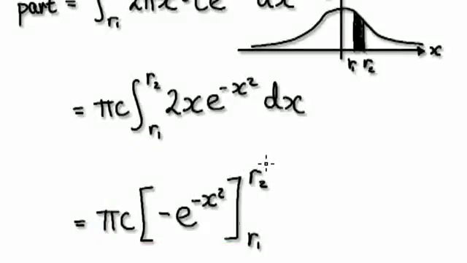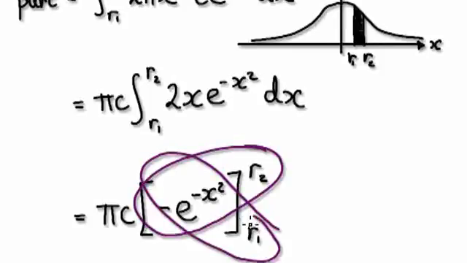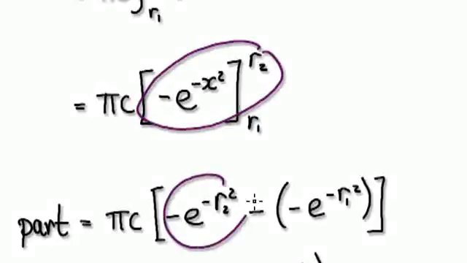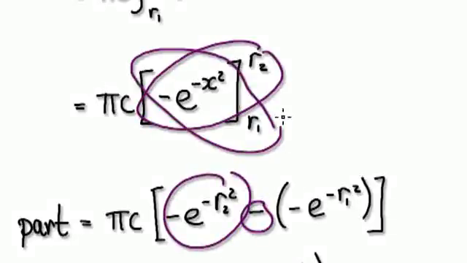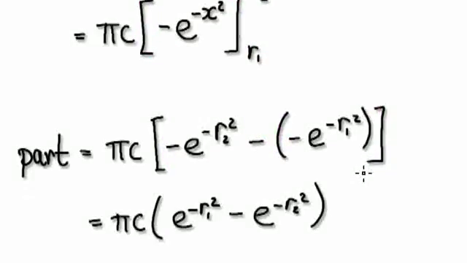And then now it's this, take away this. So it would be this bit here, take away this bit here. Then you can see a negative and a negative, take it out, so this will become a positive. So this is what you've got at the moment: a negative and a negative, so that makes it a positive.